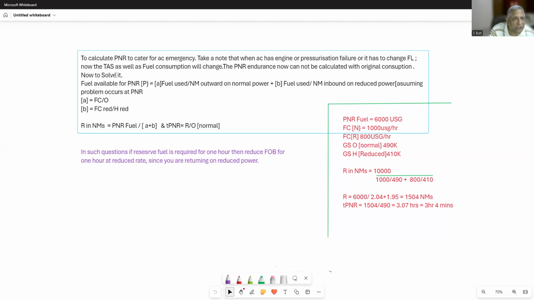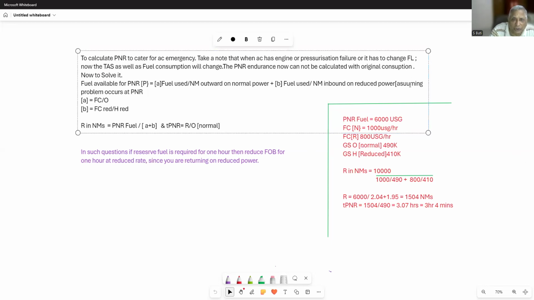Now to solve it, there is a slightly different method. Fuel available for PNR, write down, fuel is equal to A, fuel used per nautical mile outbound on normal power, plus B, fuel used per nautical mile inbound on reduced power. Assuming the problem occurs at the end and you return all the way on reduced power.